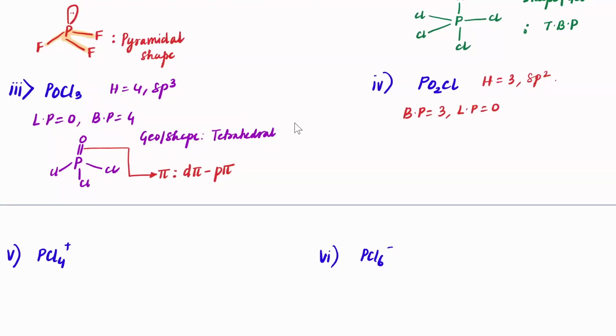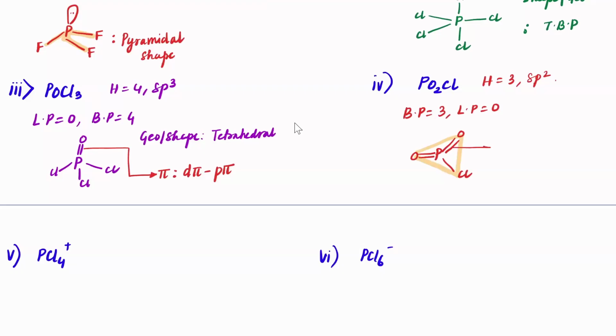No, sorry, not linear, trigonal planar. So it will be like P double bond O, double bond O, and one Cl. So it would appear like a plane like this, trigonal planar, and same geometry.